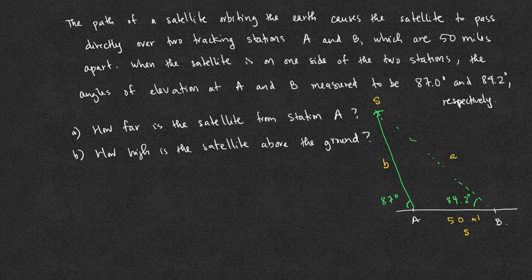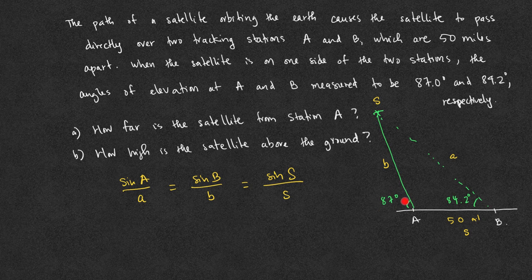The law of sines states that sine of A over opposite equals sine of B over opposite equals sine of S over opposite. In this case, A has to be an angle inside a triangle, B has to be an angle inside the triangle, and S is an angle inside the triangle for us to use this formula.